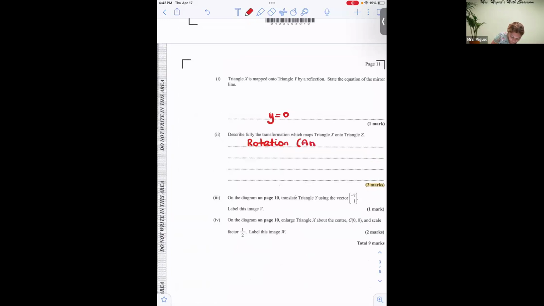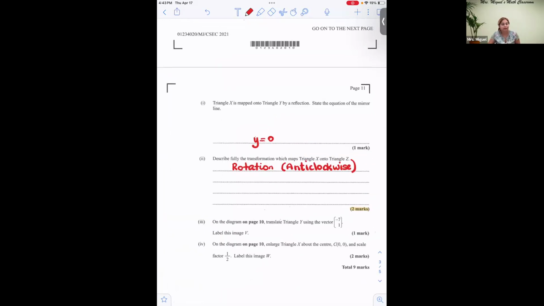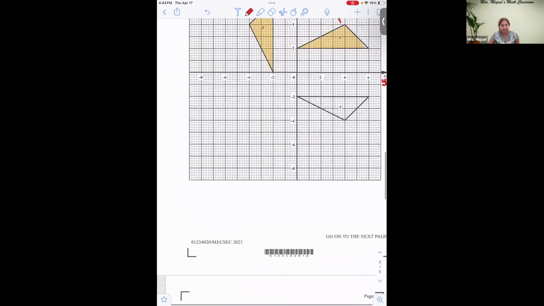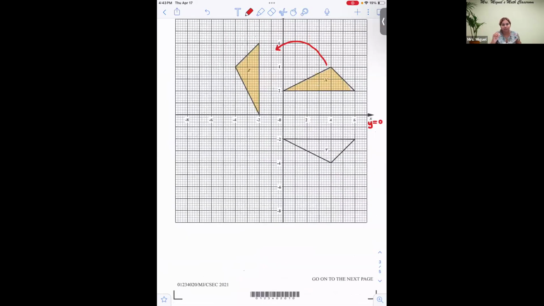You see, all these things, just by looking at it, I can write it. So CXC will award me at least 1 mark. I could clearly see the clock moves in this direction. The clock moves like this from X to Y. But if we move in the opposite direction, it is anti-clockwise.